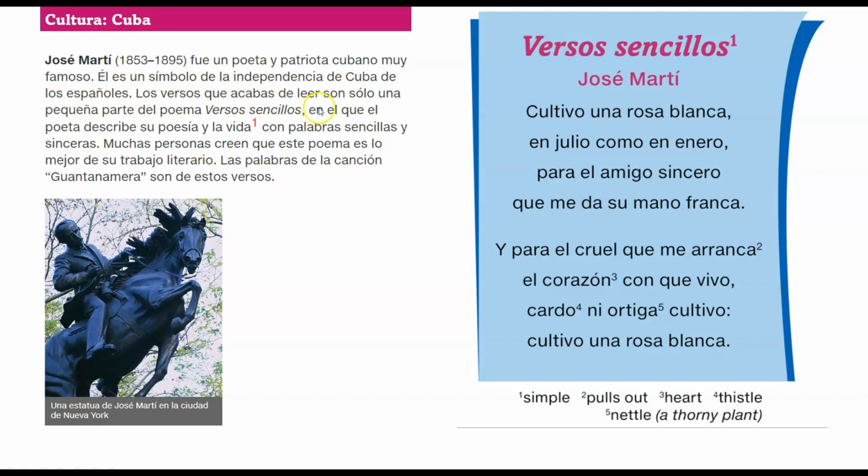The verses that you have read are only a small part of the poem Versos Sencillos, simple verses, in which the poet describes his poetry and life with simple and sincere words. Many people believe that this poem is one of the best of his literary work. The words of the song Guantanamera are from these verses. So, Versos Sencillos, simple verses by Jose Martí.